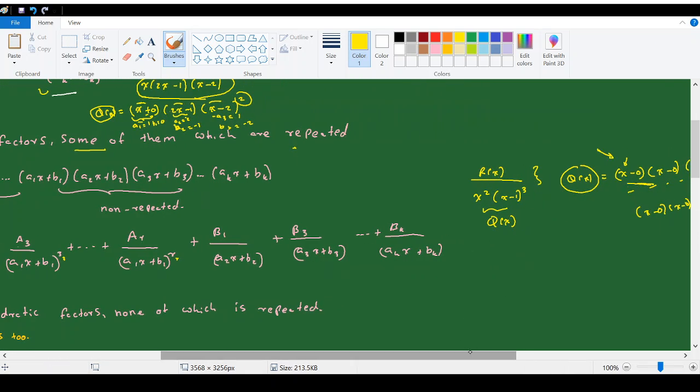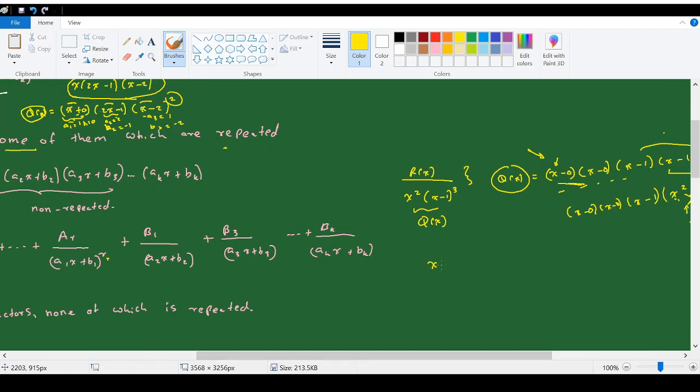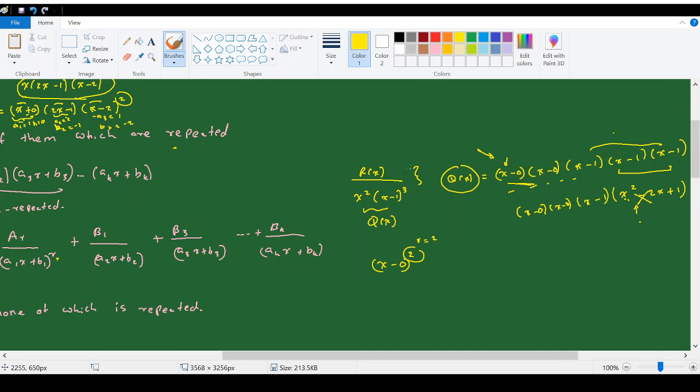There the linear factor of x - 0 is repeated 2 times, right? So in this case r is equal to 2. That means with regard to this x squared term, we will have a1 over x - 0 plus a2 over (x - 0) squared.